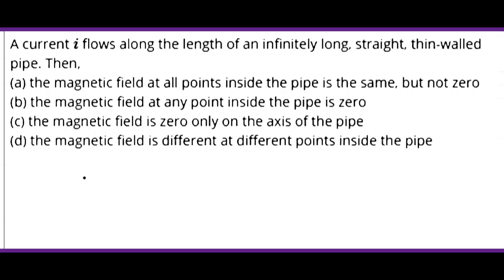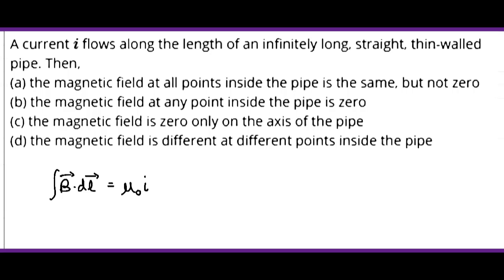Using the Ampere's circuital law, which is given by integral B dot dl is equals to mu naught I. We know that over a circular loop of any radius less than the radius of pipe.